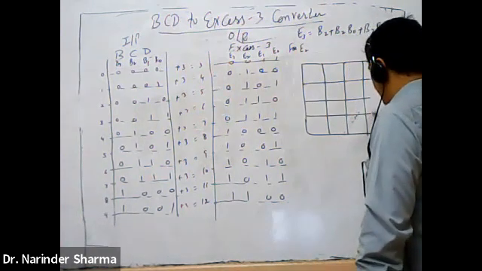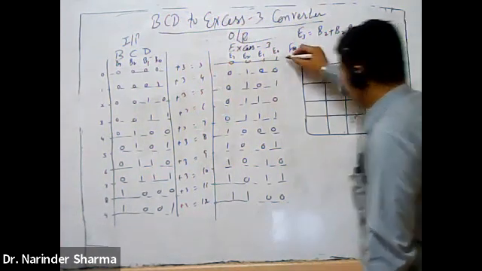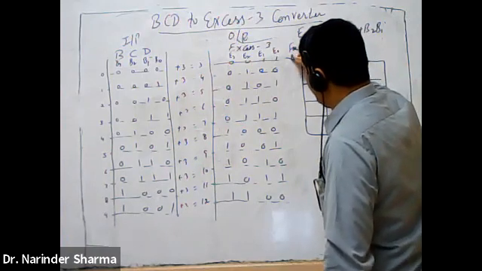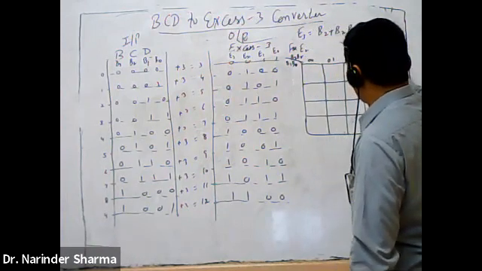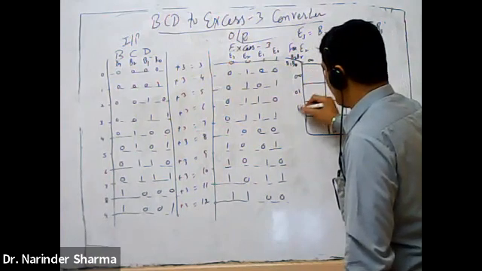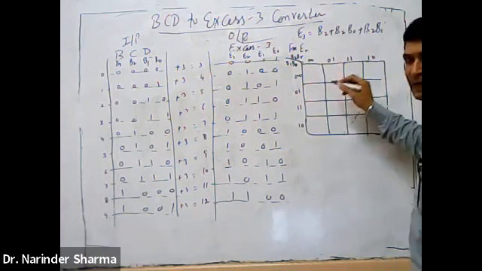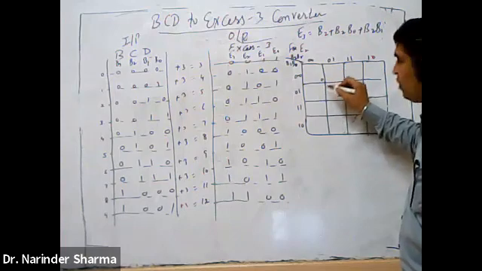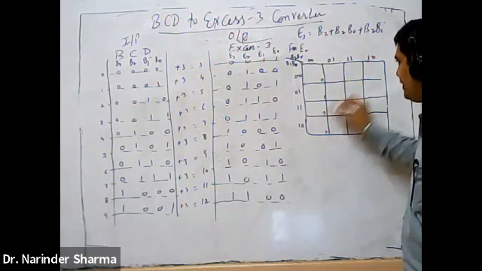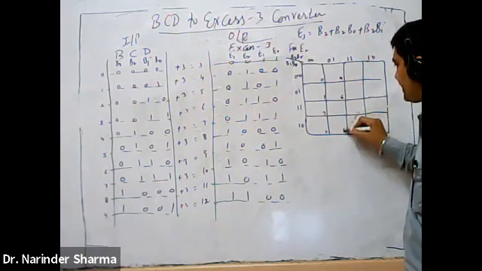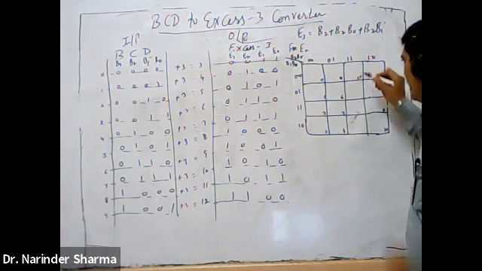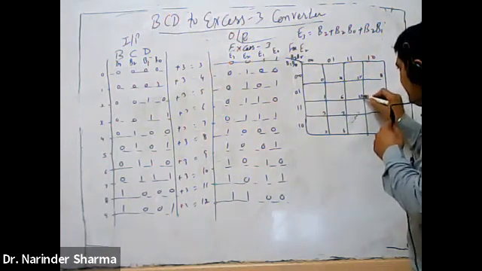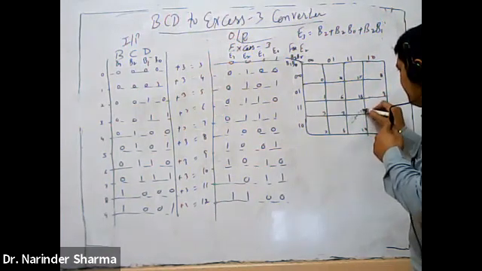Draw the K-map first. Then horizontally and vertically write B3 B2, B1 B0, 0 0 0 1 1 1 1 0, 0 0 0 1 1 1 1 0. Number it as 0, 1, 2, 3, 4, 5, 6, 7, 8, 9, 10, 11, 12, 13, 14, 15.